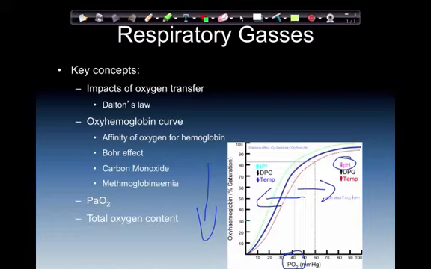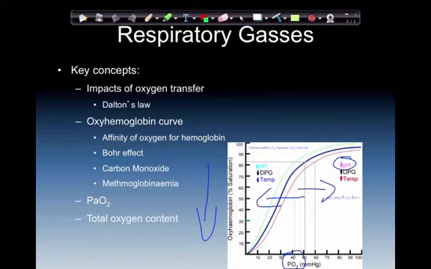Now, PaO2 is important because it's the amount of oxygen that's available to the cellular environment. The total oxygen content is essentially a math formula. The total oxygen content is the amount of oxygen carried in the hemoglobin and the amount of oxygen dissolved in the blood.